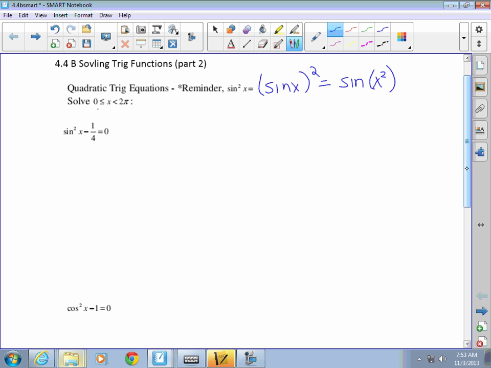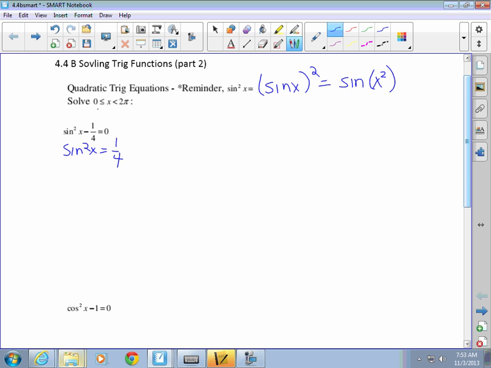Okay, so first one, we're solving for x greater than or equal to 0 and less than 2 pi. So sine squared x minus 4. So the same solution as last time. We're going to move that 4 over.